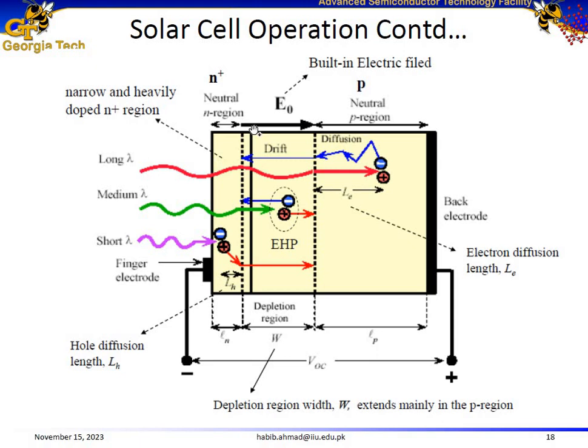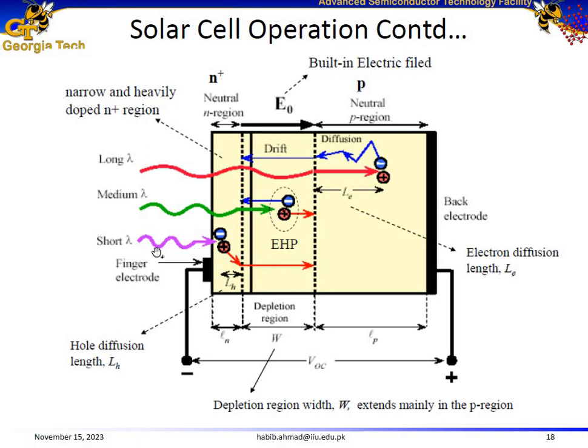And we also know that the depletion width is inversely proportional to the doping concentration. On this side we have a heavily doped material, which means the depletion width would be smaller on this side. And on this side we have a lightly doped material, so most of the depletion width would be accommodated inside the p-type layer.